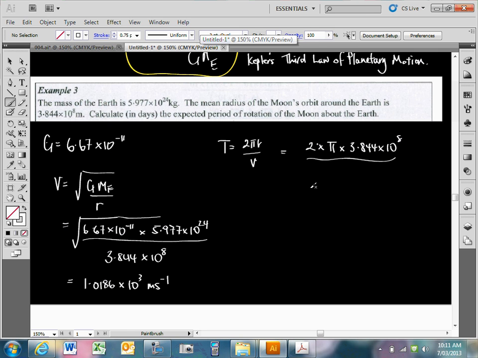I'm just doing it a different way to show you that it works out the same. Over 1.0186 by 10 to the 3. That gives 2.3712 by 10 to the 6 seconds. Does everybody concur with that value there in seconds?